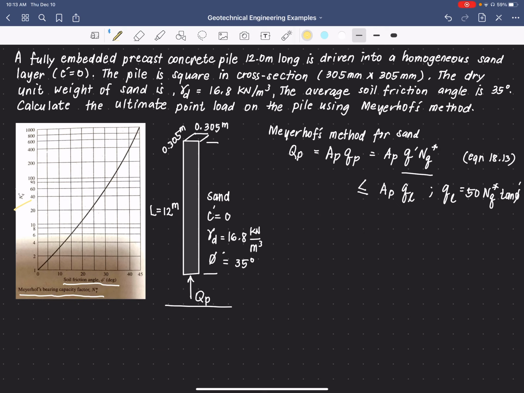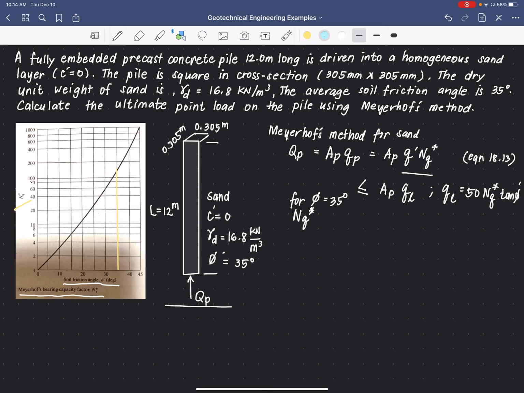Okay, since we have the angle of friction, solving for N sub Q for an angle of friction of 35 degrees. This is 35 degrees. Let me emphasize, this is 35. And let's get the intersection.